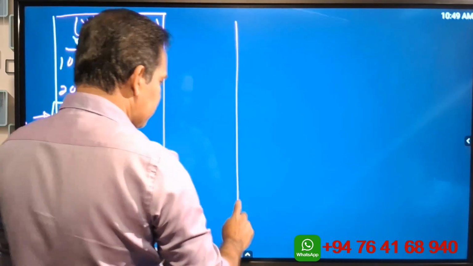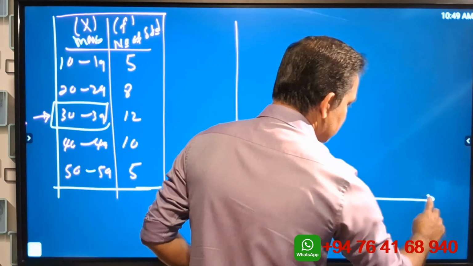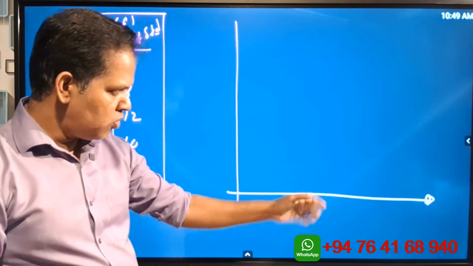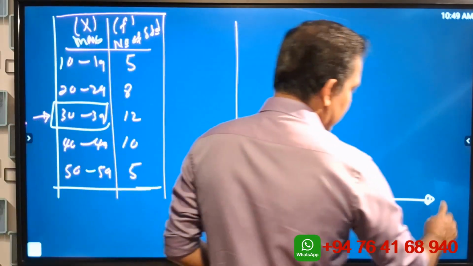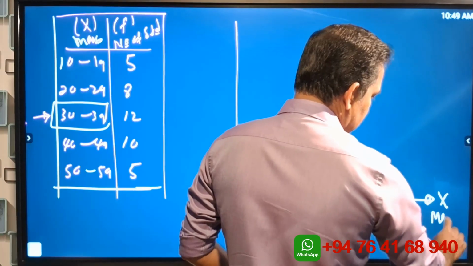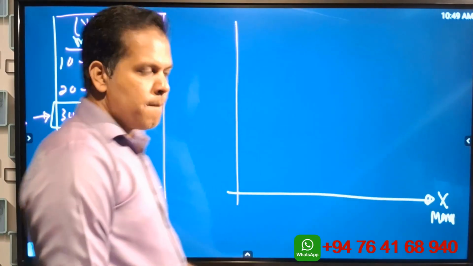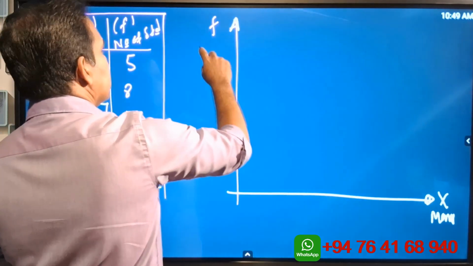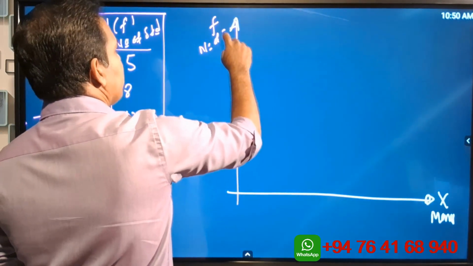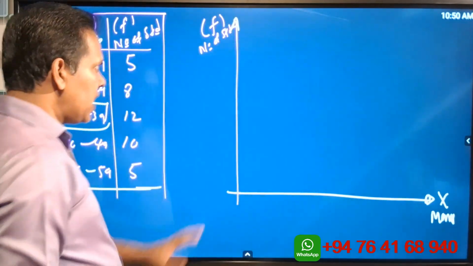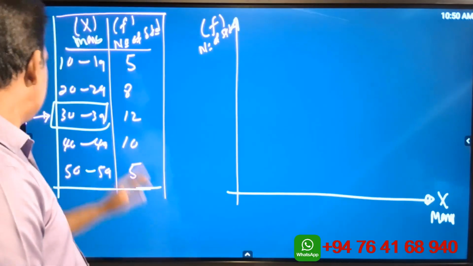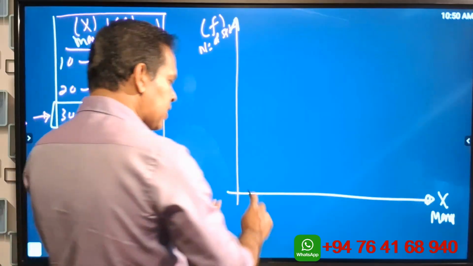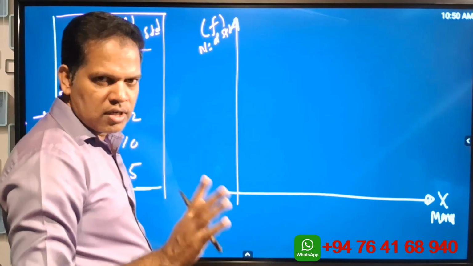If I sketch a histogram of this distribution, when you are going to draw a histogram, always the horizontal axis should be marked with the x value, the variable value. Here I can calibrate this using marks. And the vertical axis should be frequency, the number of students. When drawing a histogram, you have to calibrate with class boundaries, not class limits.